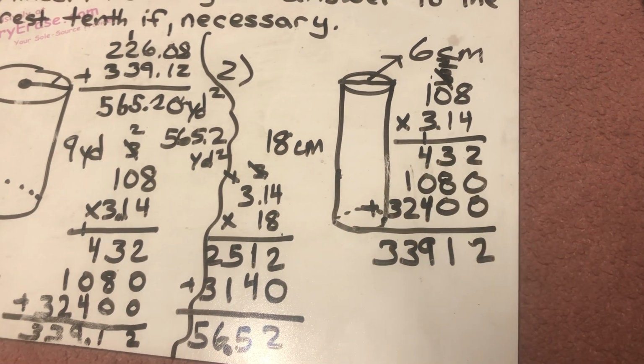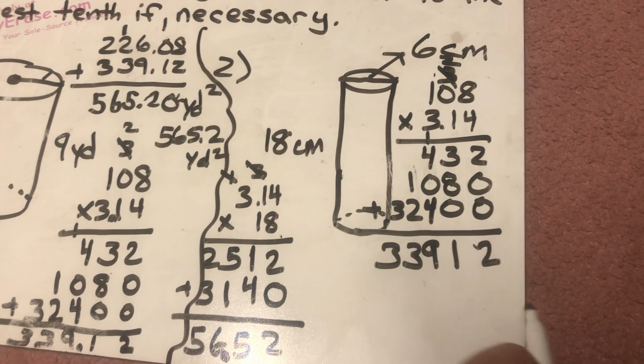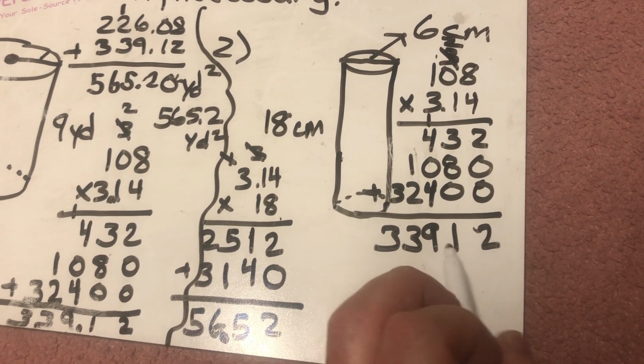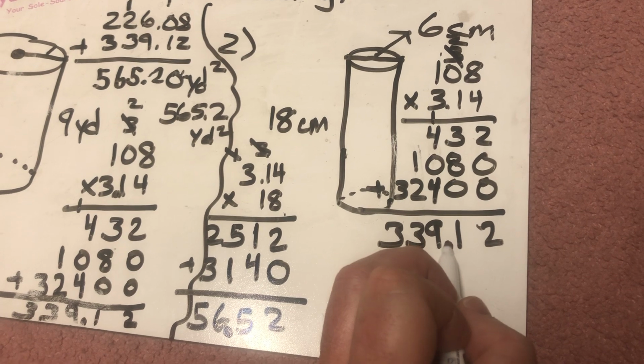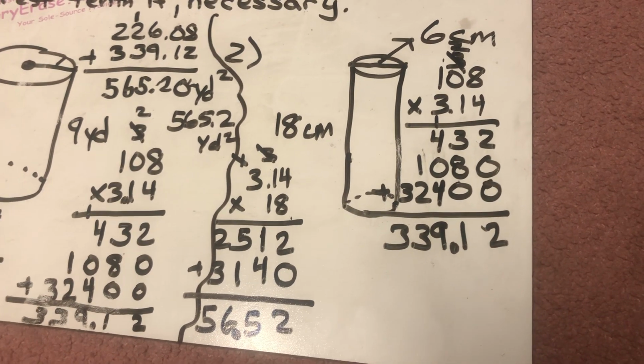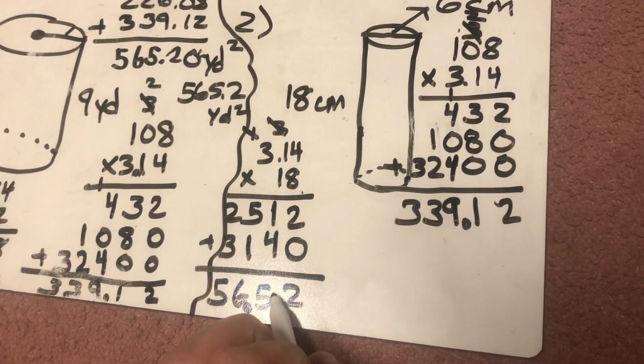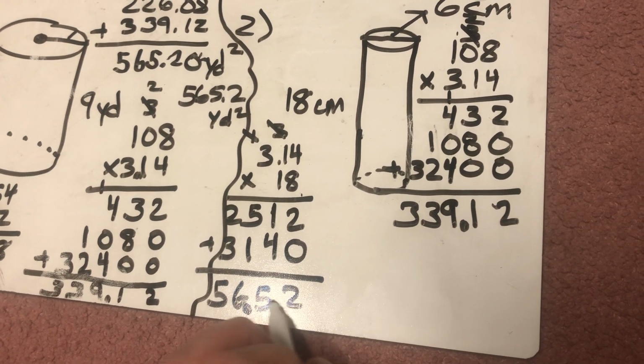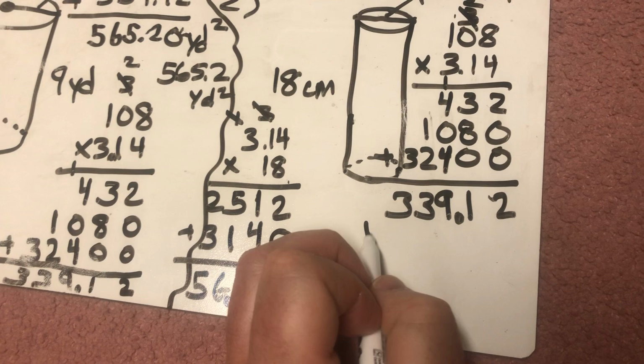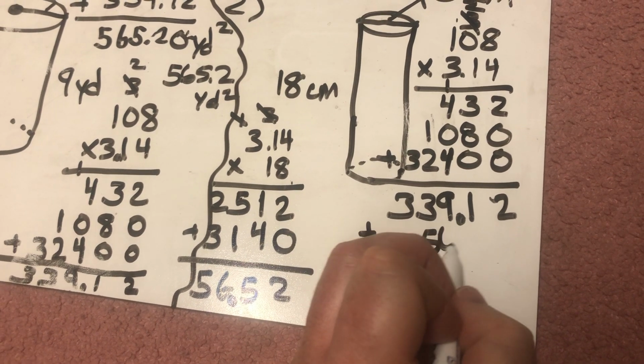There's 2 numbers after the decimal in the problem, so I need 2 numbers after the decimal in the product, 339.12. But then I need to add the surface, the area of both circles combined, which is 56 and 52 hundredths.